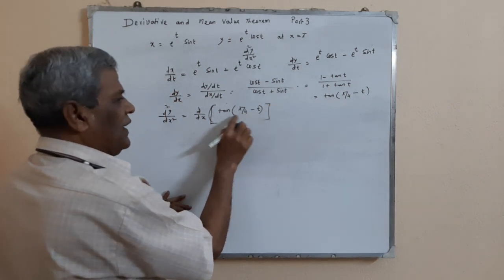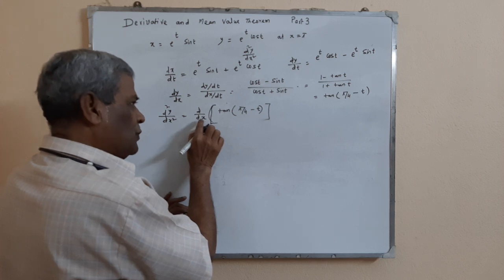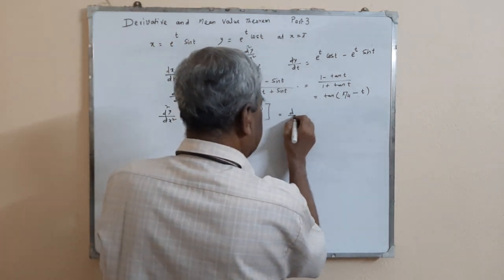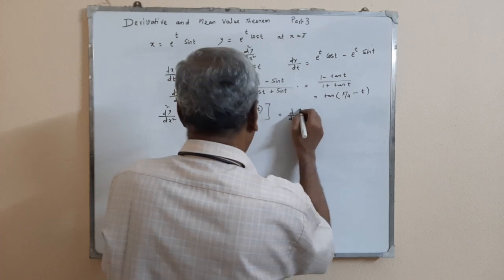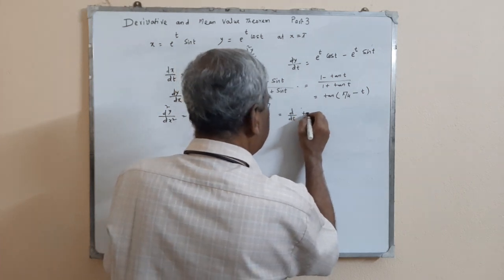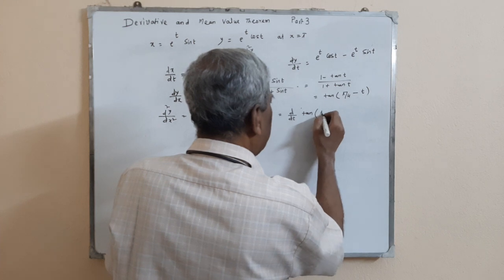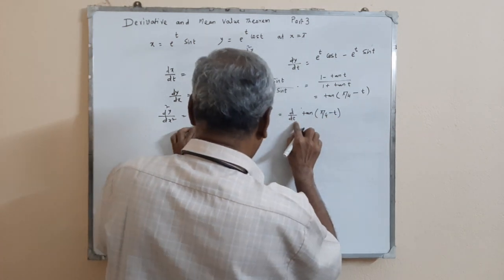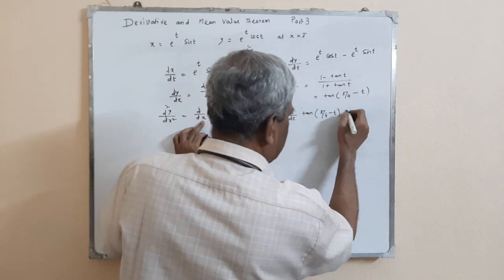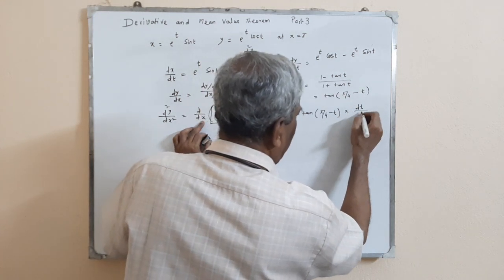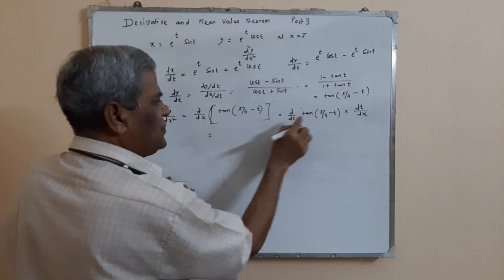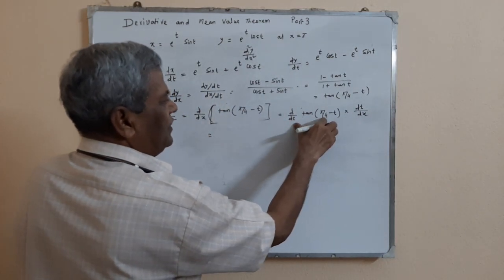But because it is a function of t, it is not possible to differentiate with x. So this can be written as d dt of tan of pi by 4 minus t, times dt dx, but it was d dx. Now adjusted, it can be differentiated.